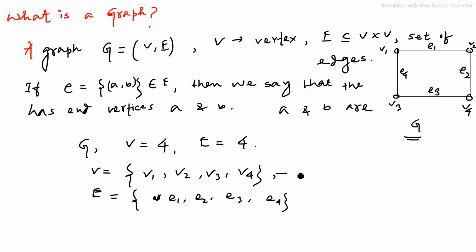So the number of vertices of this graph is 4 and the number of edges is also 4.